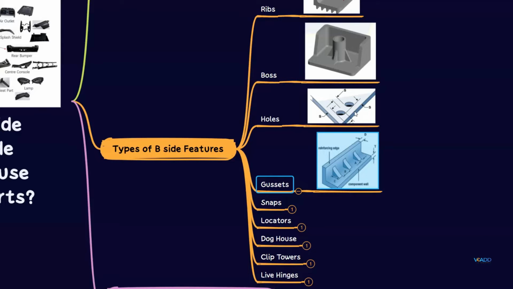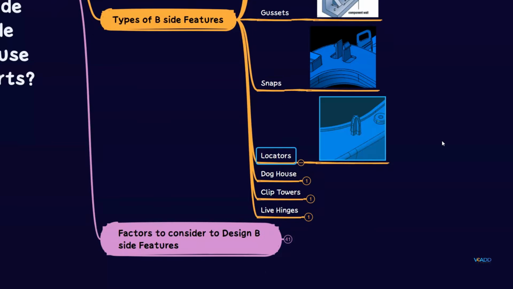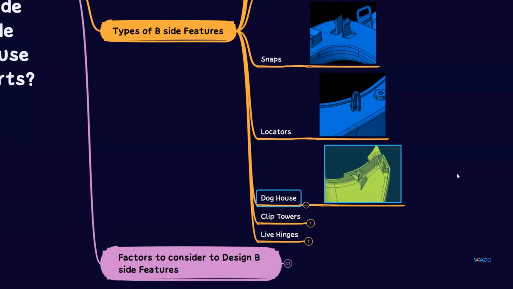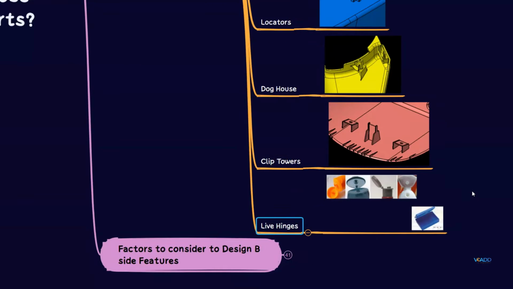Then snaps. Everyone knows about snaps, right? Then locators, something like this, to locate the part to its desired assembly position. Then doghouse, you can see this image of the doghouse, mostly used to raise the height of the feature. Then clip towers, something like this clip tower. And live hinges, you can see this example.